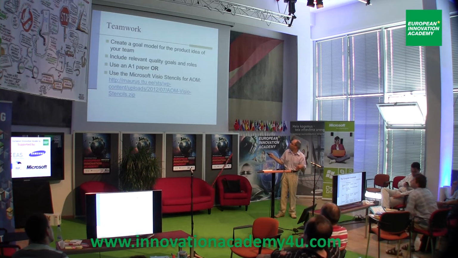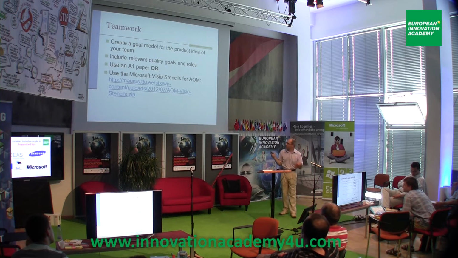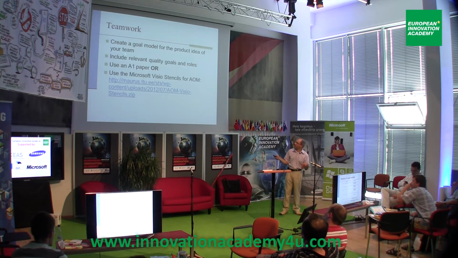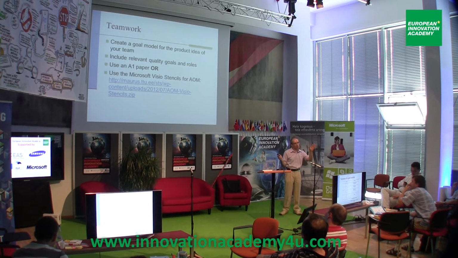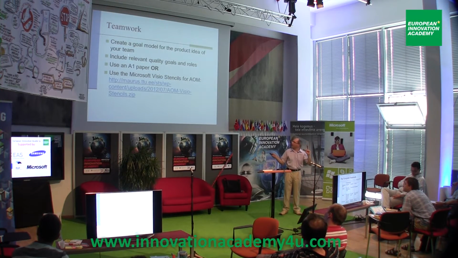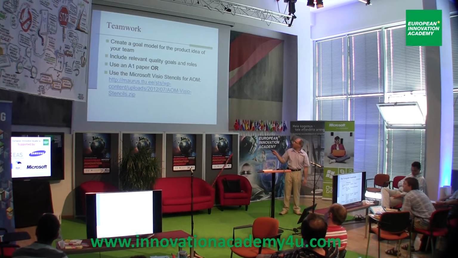This we already saw. So the exercise for the last hour today is to create a goal model for the product idea of your team, starting with the purpose of the system that corresponds to the value proposition, and include relevant quality goals and roles.